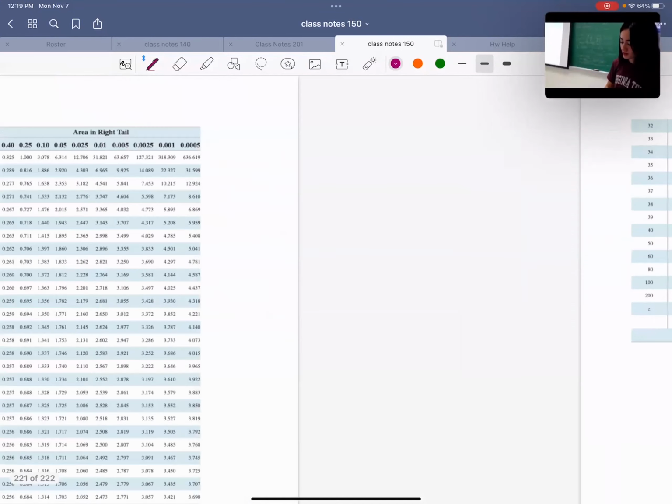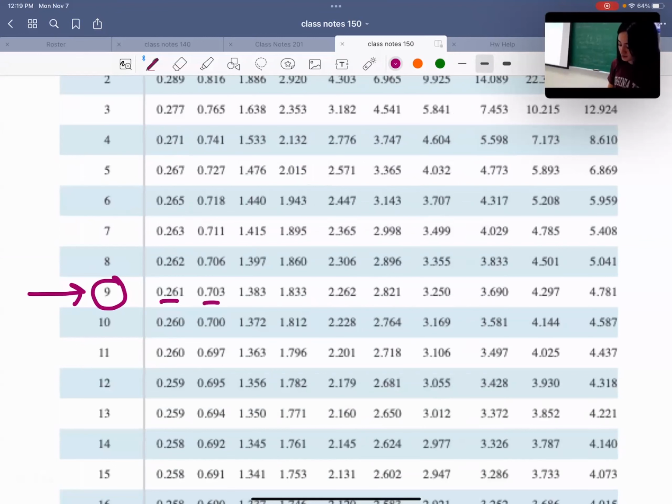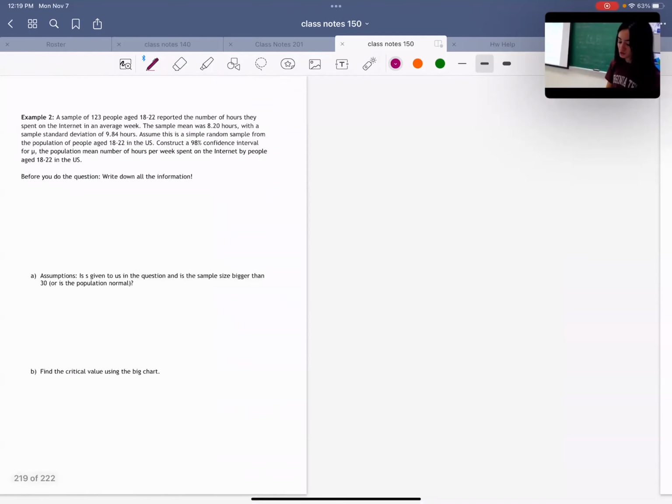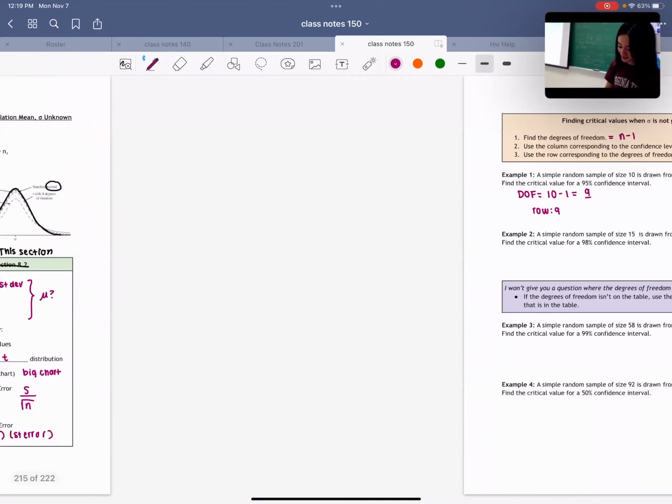So when I go back here, I'm going to count 1, 2, 3, 4, 5. That column is the critical value that I want. Okay, does that kind of make sense? Yeah, right. So it's not that bad, right? You're just looking at the row for degrees of freedom, and it's the confidence level that's labeled. Okay, so 2.262. Let me go back here.